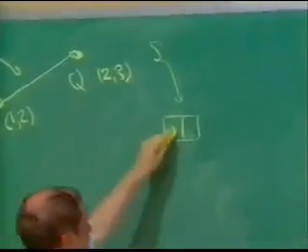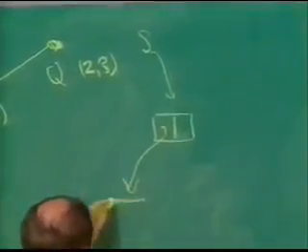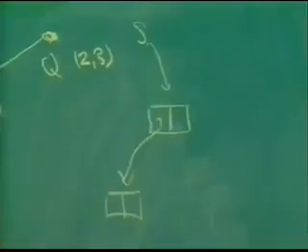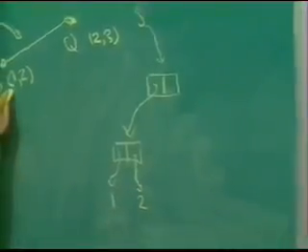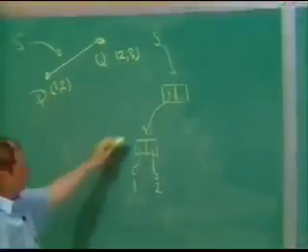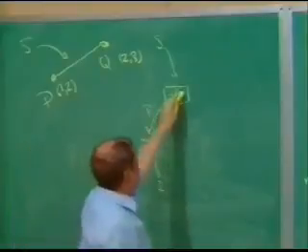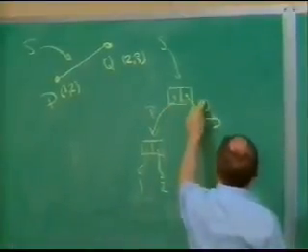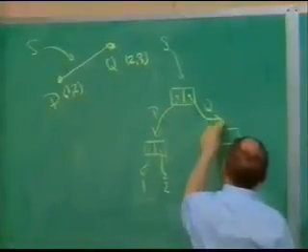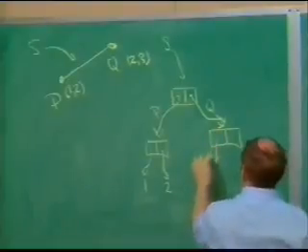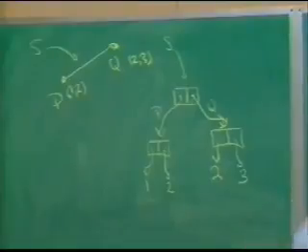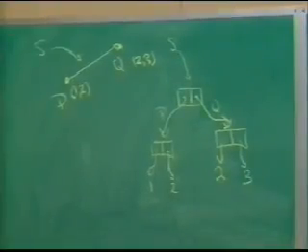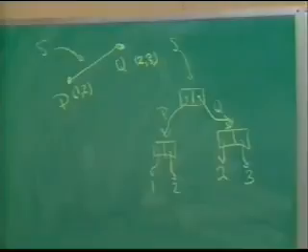The first thing in the pair is a vector, and the vector is a pair of numbers. That's P. And the other thing in the segment is Q, which is itself a pair of numbers.